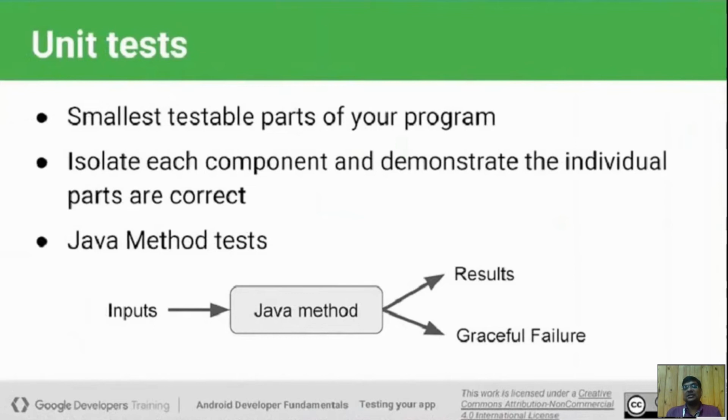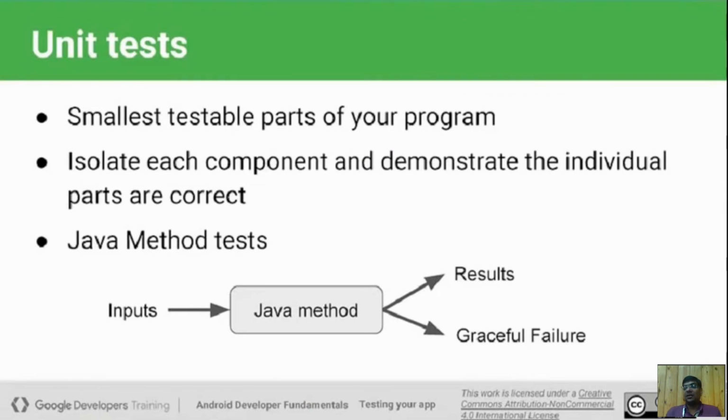Unit testing is testing the smallest unit or smallest component of a project or a program. You will be testing a component individually and getting the result back. In this way, you will be testing many single components and getting the results back.